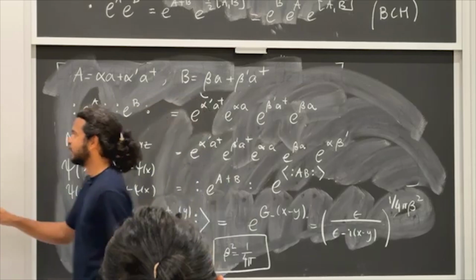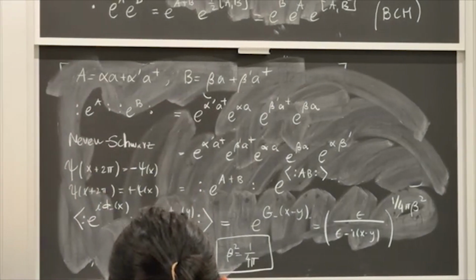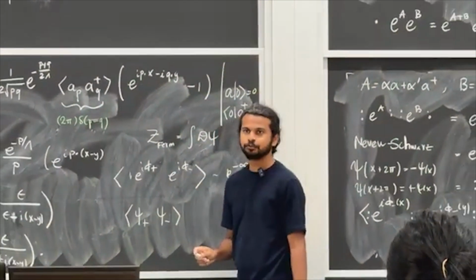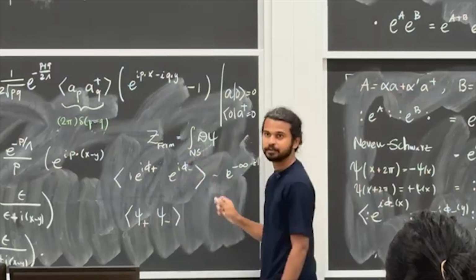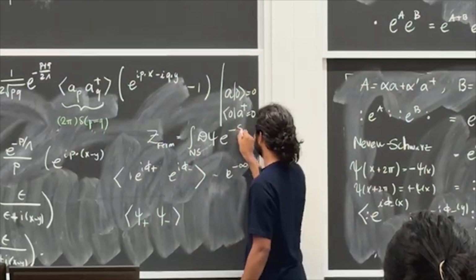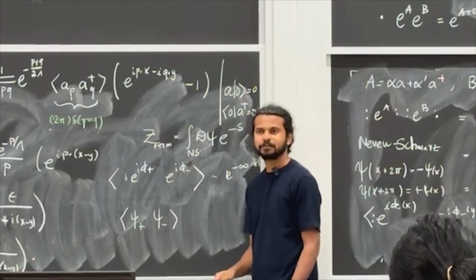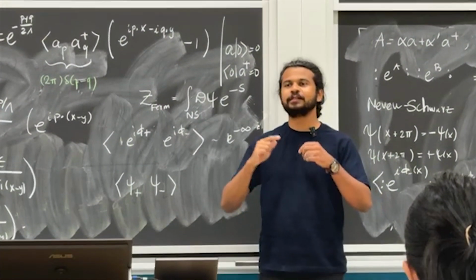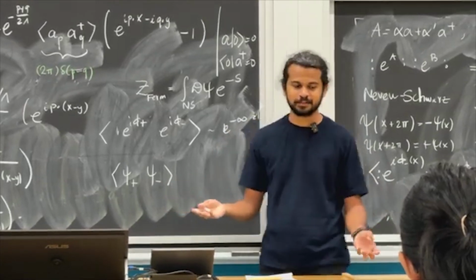In other words, when you do path integrals for the fermions, normally we do Neveu-Schwarz boundary conditions, but somehow you have to add up all possible boundary conditions. Only then do you get this bosonization, which I don't understand as of now.